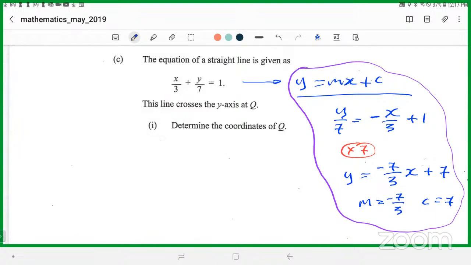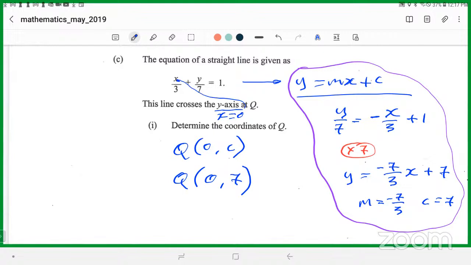So the coordinates of the point Q is (0, c). So Q is the point (0, 7). Another way you could do it is to say that on the y-axis, x equals 0. If you plug in x equals 0 here, you'll be left with y over 7 equals 1.